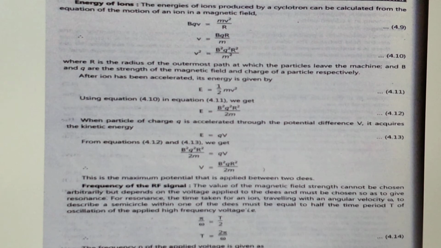So the resonance condition is pi upon omega equal to T by 2. Therefore T equal to 2 pi upon omega. The frequency N of the applied voltage is given as N equal to 1 upon T, that is the reciprocal of the period.